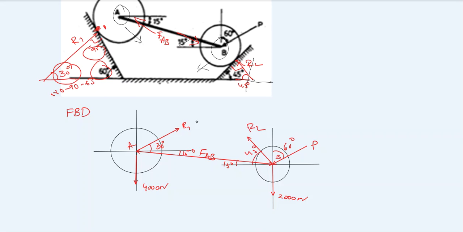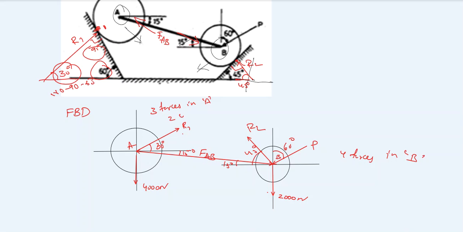So we have 1, 2, 3 and FAB, four forces in diagram B. Here we have 1, 2, 3, three forces in body A. In body A we have two unknowns, F1 and RAB.